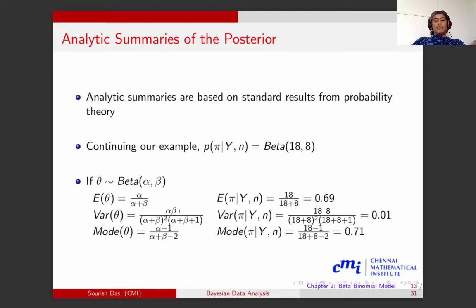The variance of theta is alpha beta over alpha plus beta whole squared times alpha plus beta plus 1, and this will be the mode. The mean, variance and mode of the beta distribution are well known, available in most textbooks, or you can just google it.